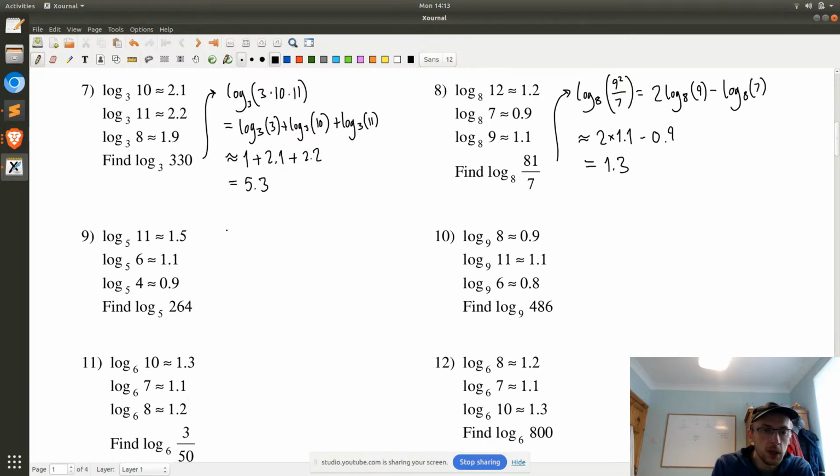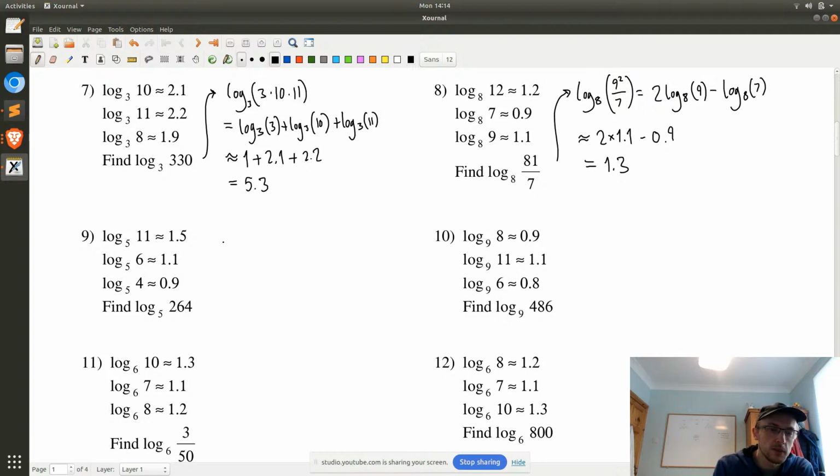Next, log base 5 of 264, which is 132. Wait, no, it's 4 times 66.